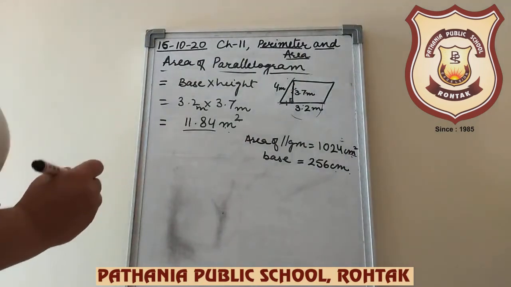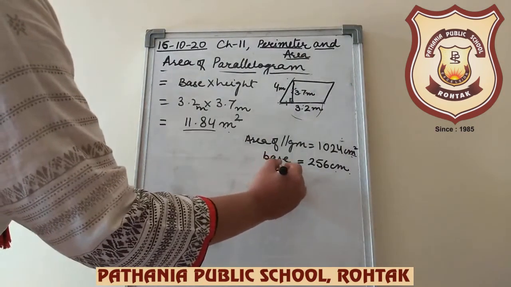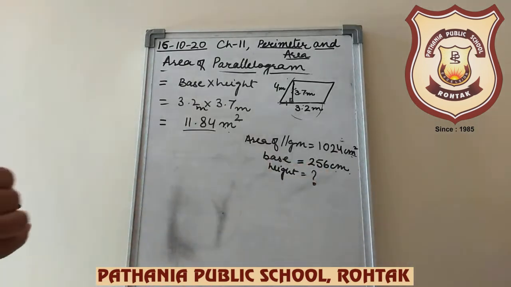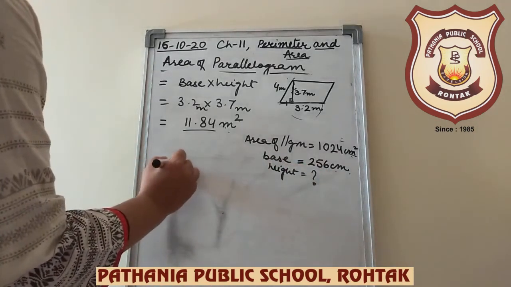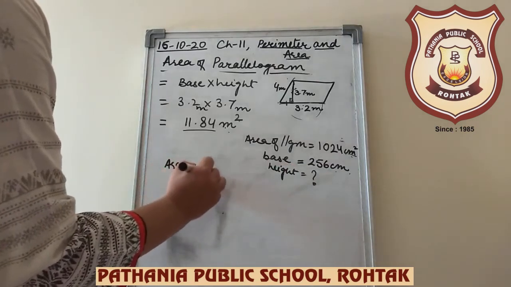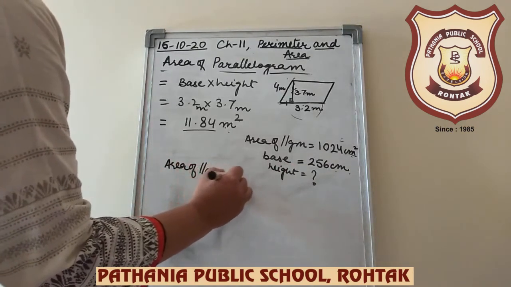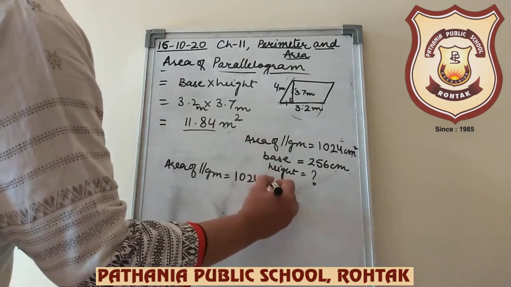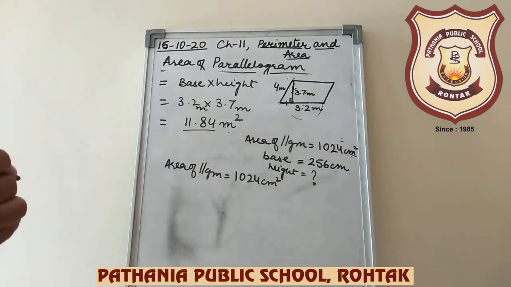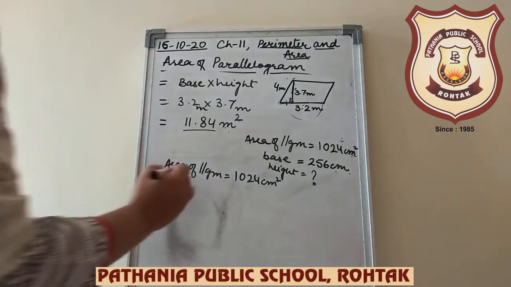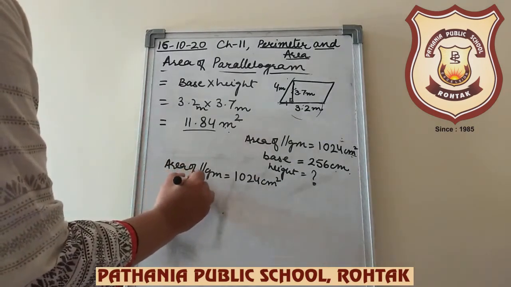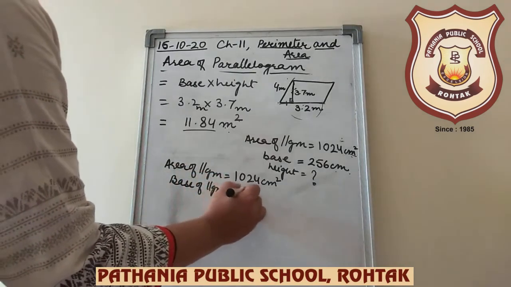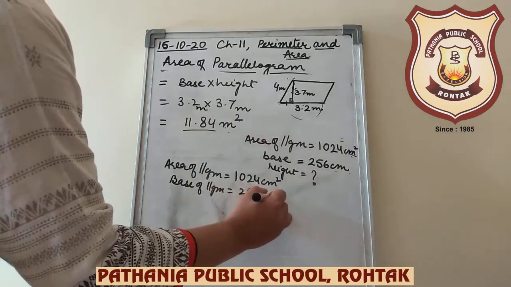Now you have to find out the height. Height has to be calculated. So the area of the parallelogram is 1024, the base is 256 centimeter.